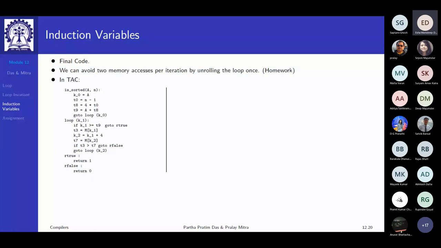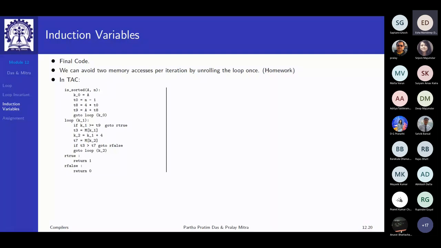If you think that this is done, then you can try out that there's more that can be done. There is still redundancy. For example, if you look at T3, T7: T3 initially is A0, T7 is A1. Then T3 is A1, T7 is A2.